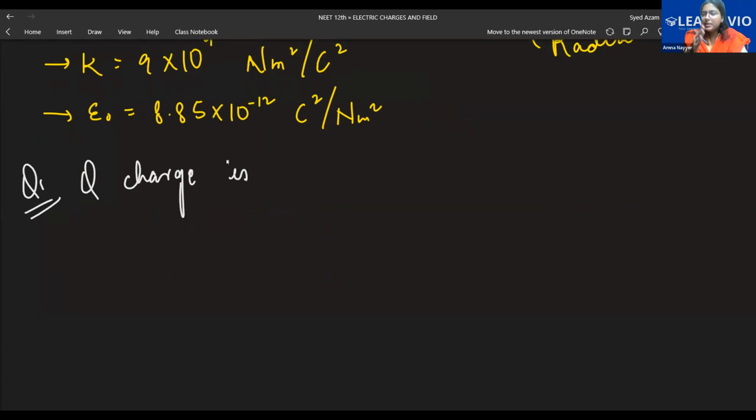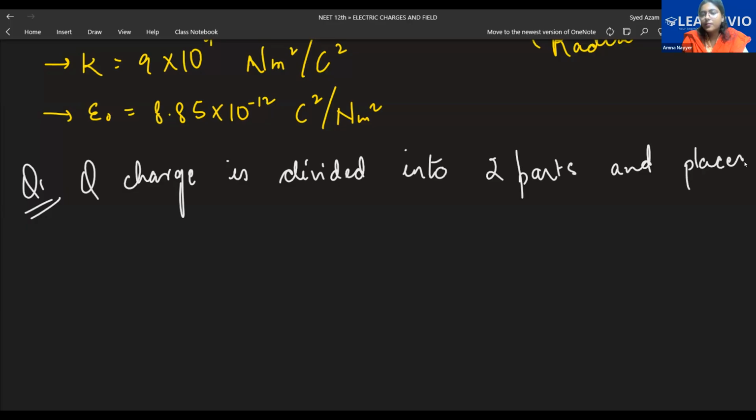Okay, Q has been split into two parts and placed at r distance to each other.